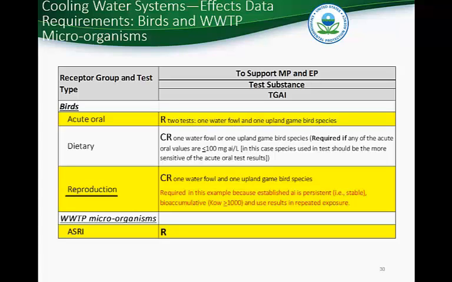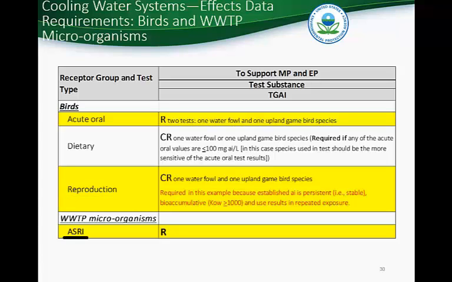An avian reproduction study is also required for this case because the active ingredient is persistent, it's bioaccumulative, and the exposure pattern would result in continuous loading and therefore potential for chronic dietary exposure.